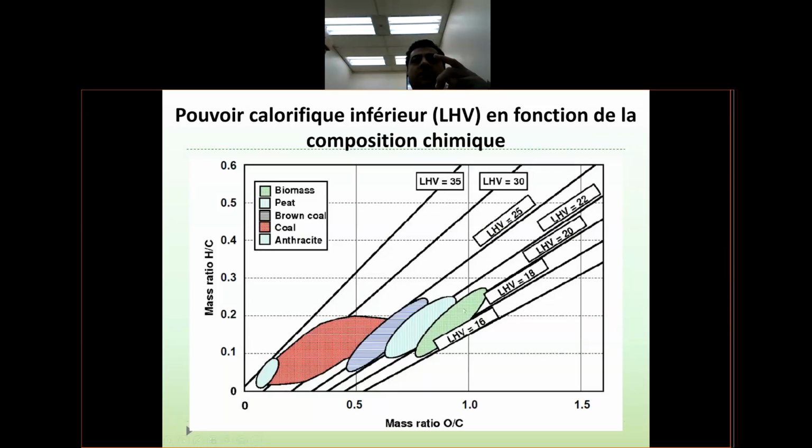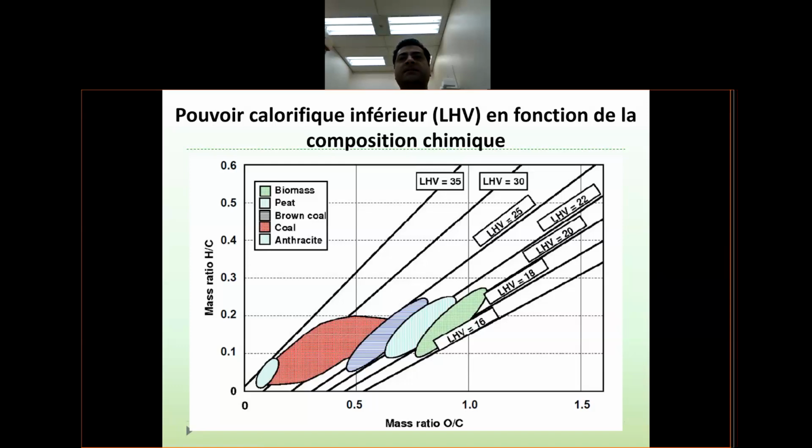Okay, so the graph shows you a kind of spatial location of biomass, I mean, different fuels, fossil or renewable fuels, with respect to elemental composition. But most importantly, it shows you how the low heating value is associated with these fuels.